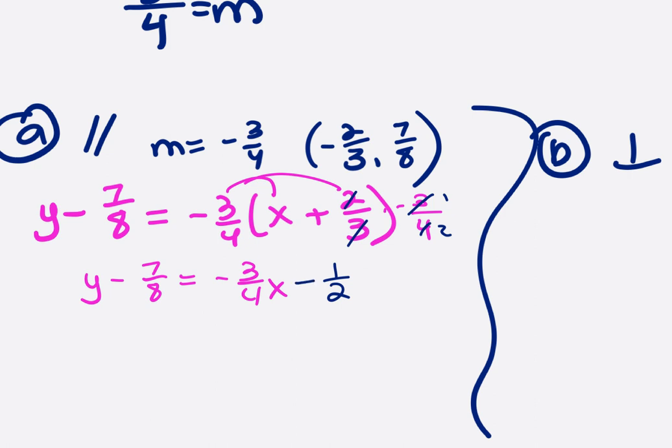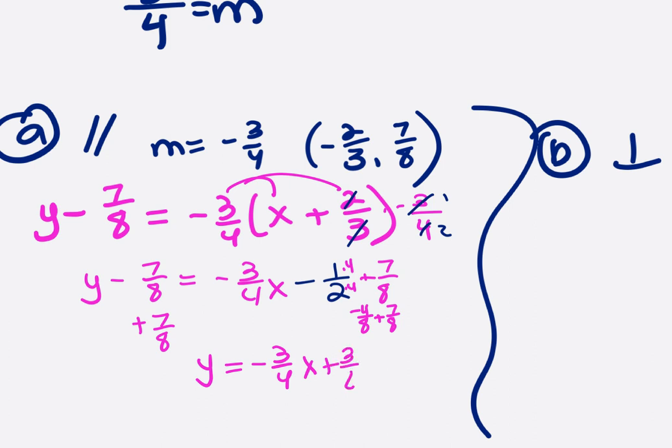Negative 1/2. And then I want to add the 7/8. And I get y equals negative 3/4 x. This becomes negative 4/8 plus 7/8, or 3/8. So if it just says find the equation, or if it says find the equation in slope-intercept, that's my answer.